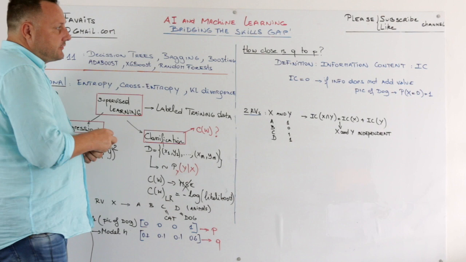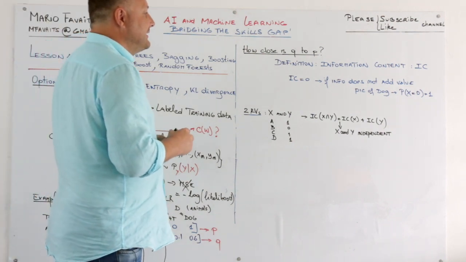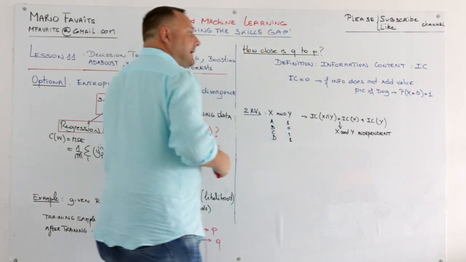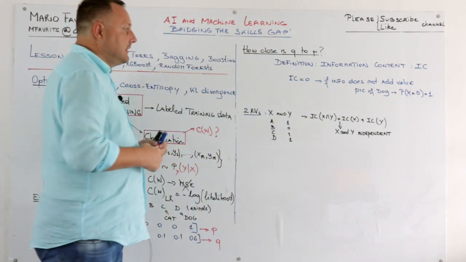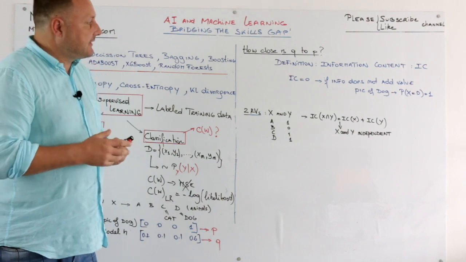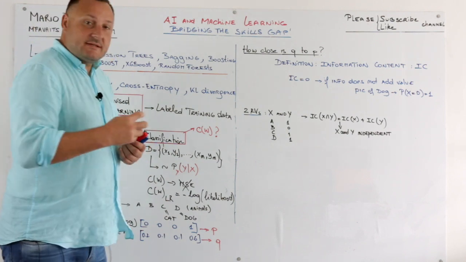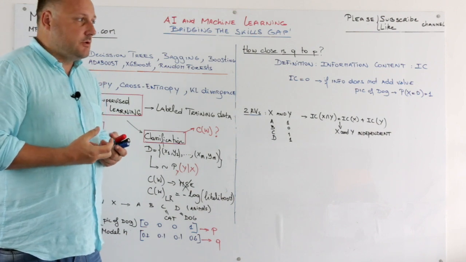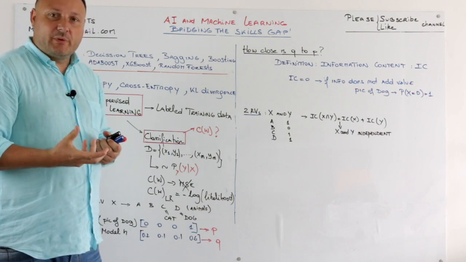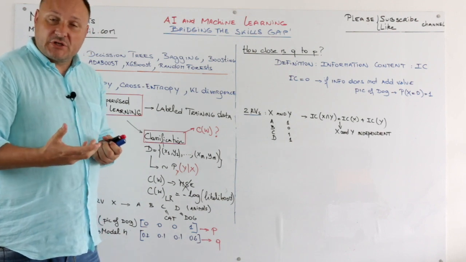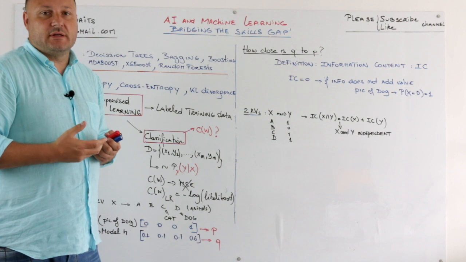In order to get there, we need to define something. Let's define information content as IC. How do you intuitively understand this? Well, basically, if you're getting extra data and you don't know anything more with that data, meaning no information has been added, then your information content is 0.